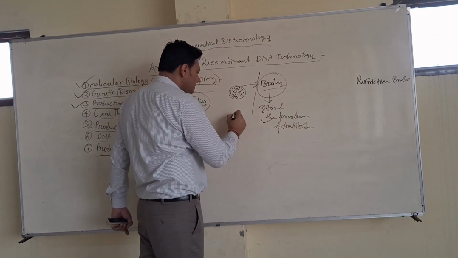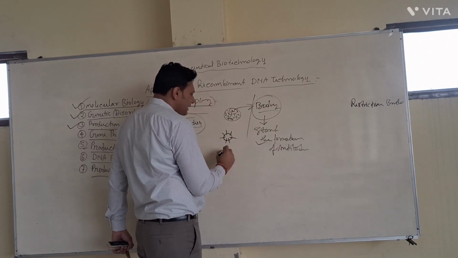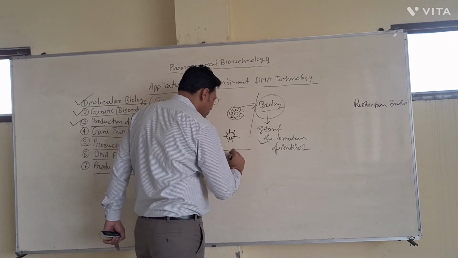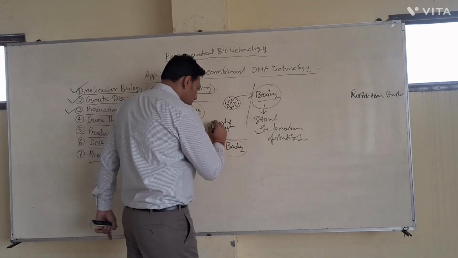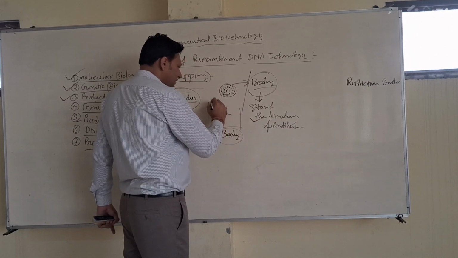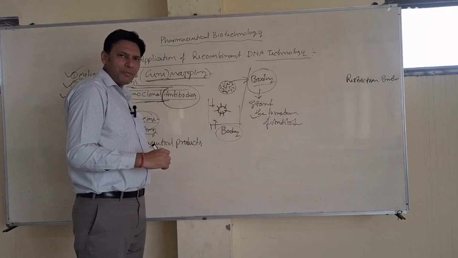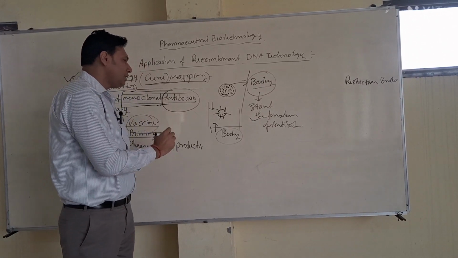How will it protect? You know very well, this is the infectious agent and this is the surface of the body. As this infection enters the body, what will these monoclonal antibodies do?